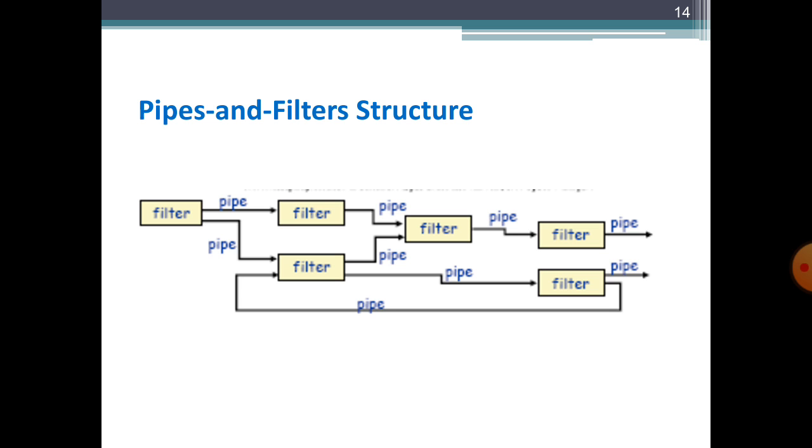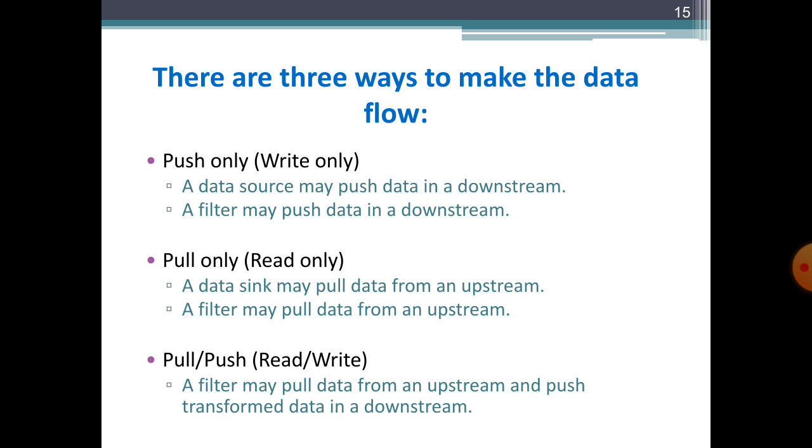A pipe shows the flow of data between two filters. These filters can run in separate threads of the same process. Let's discuss some more real world examples of pipe and filter. It's a basic structural representation of the pipe and filter structural pattern.